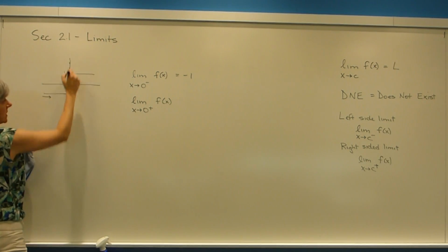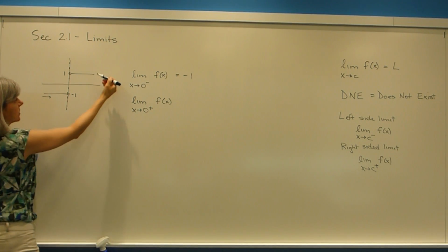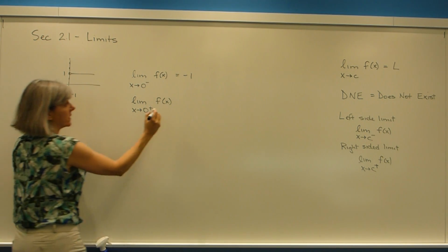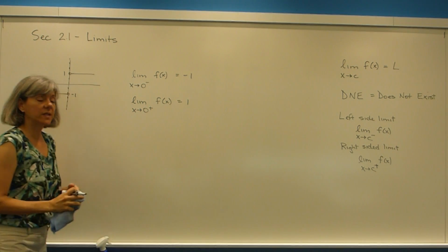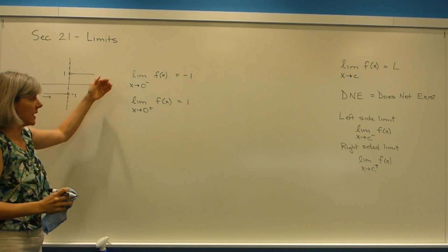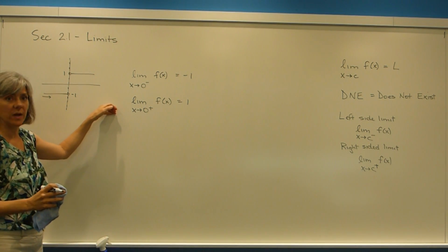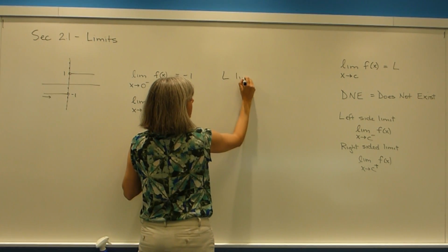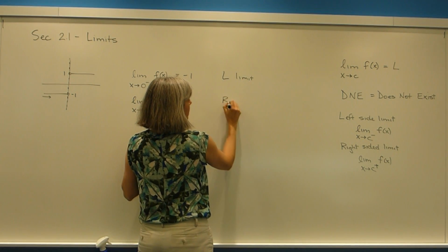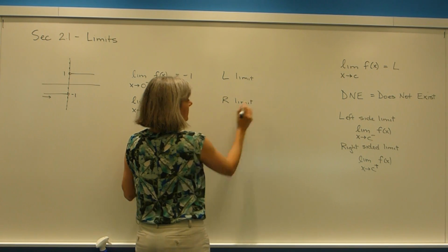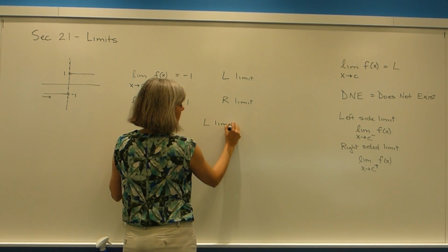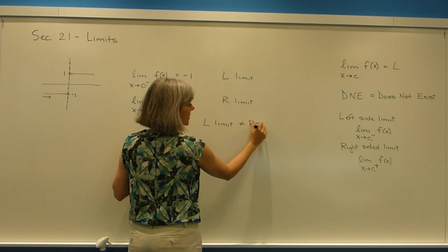So approaching from this dotted line, our x value of interest, heading towards it from the right-hand side, we see we stay at 1. So in this case, the left-sided limit and the right-sided limit do not agree. And sometimes you'll see me write it this way, just left limit and right limit. And in a case like this, I might say left limit does not equal right limit, just some shorthand.